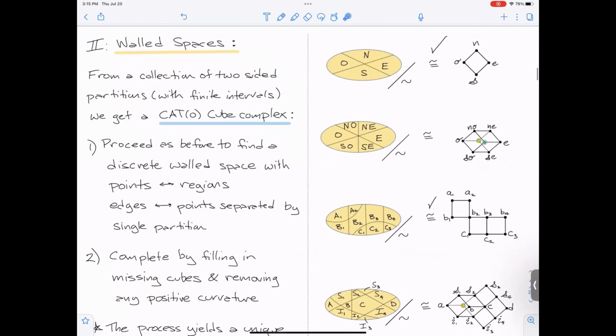Now I'm going to fill in the front cube and the back cube, and this 6 cycle will uniquely determine this 3 cube. Again, this example was already cat-zero, so nothing happens. And finally, this one was similar to that first example. I just have 1 vertex missing and I added it.